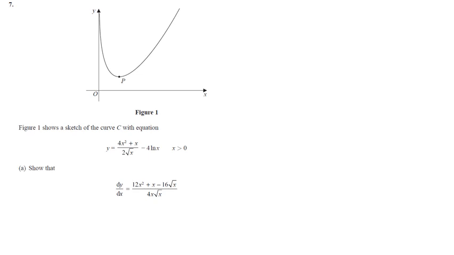Well, let's just use the quotient rule. So it's v du, so the denominator times the derivative of the numerator. Then the numerator times the derivative of the denominator.